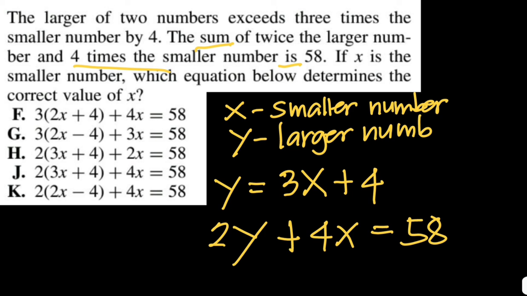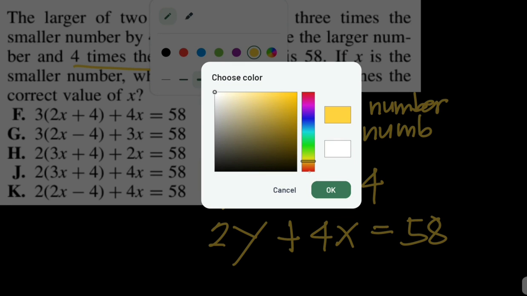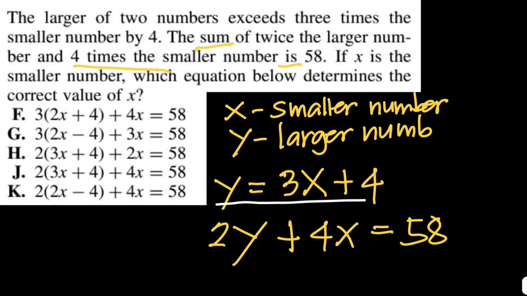Now we already have two equations here since we have two unknowns, x and y, but we are asked for the equation that determines the correct value of x. Now to solve for the value of x here, we must get rid of y.